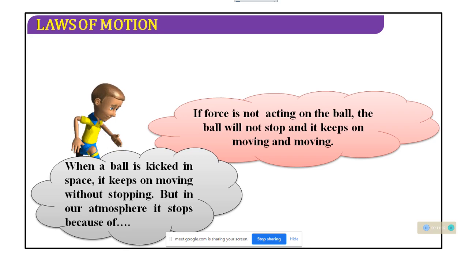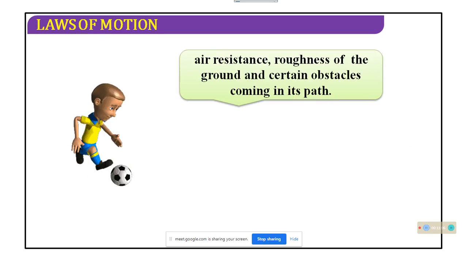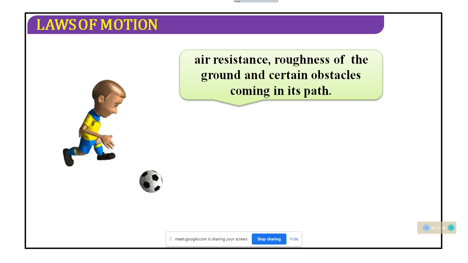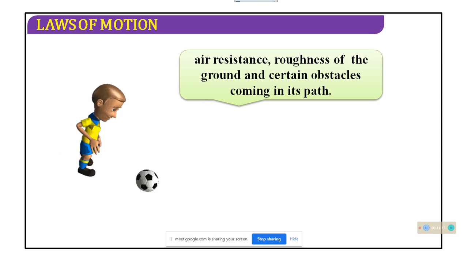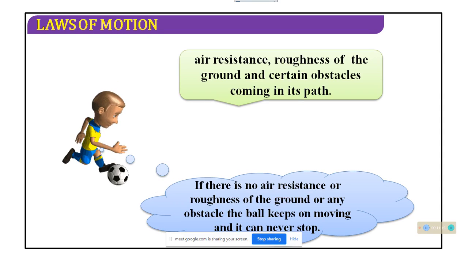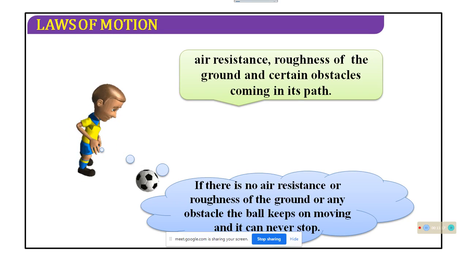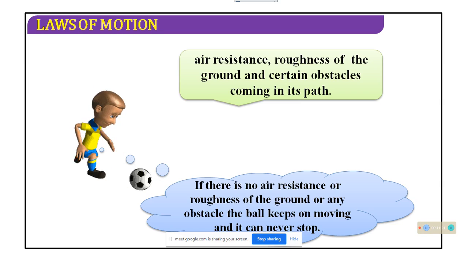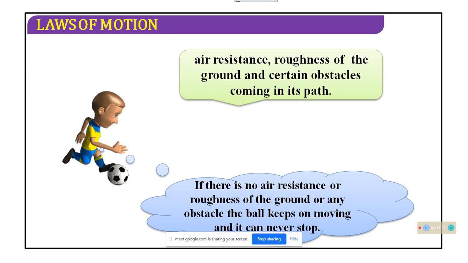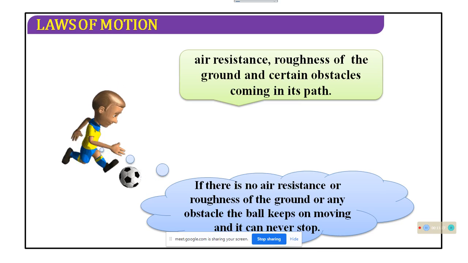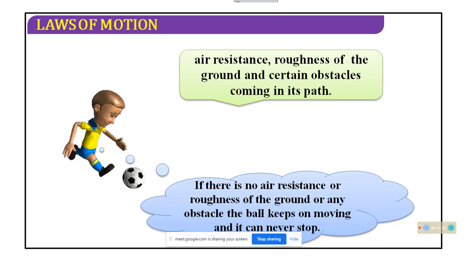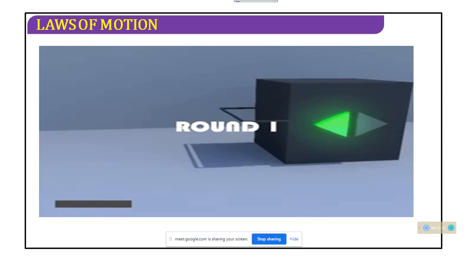But in the atmosphere, it stops because of the frictional force, air resistance, roughness of the ground, or certain obstacles coming in its path. If there is no air resistance, roughness on the ground or any obstacle, the ball keeps on moving and can never stop.